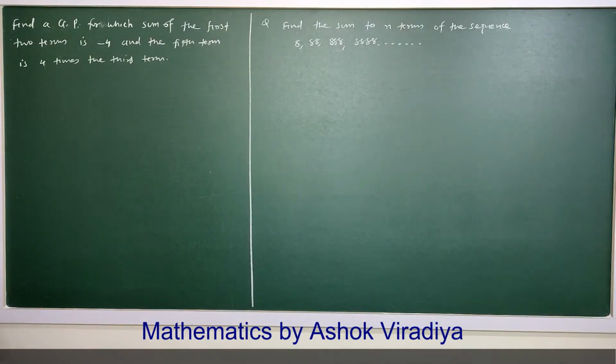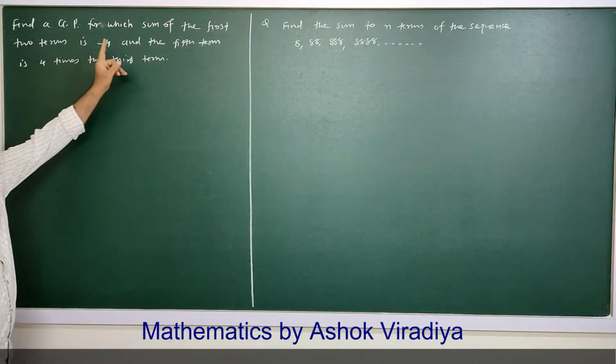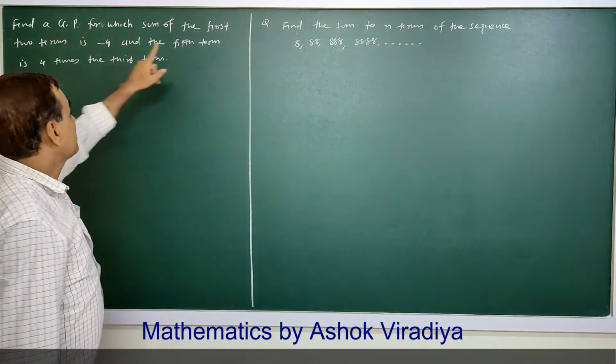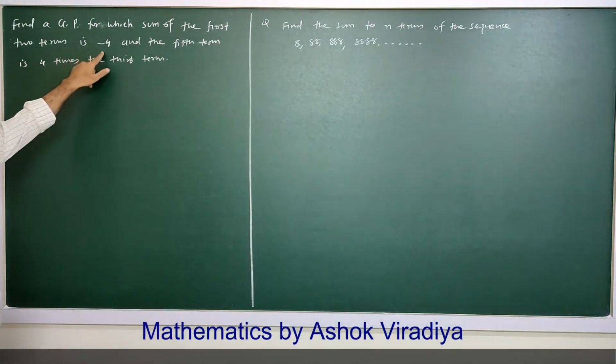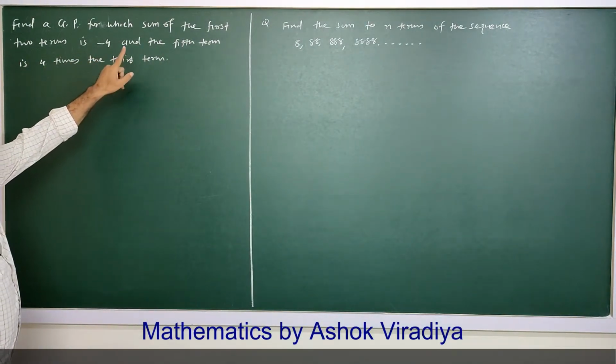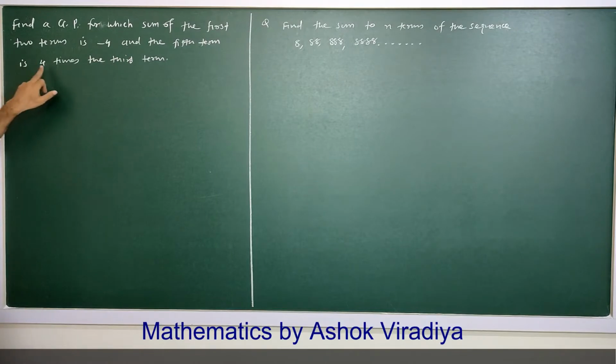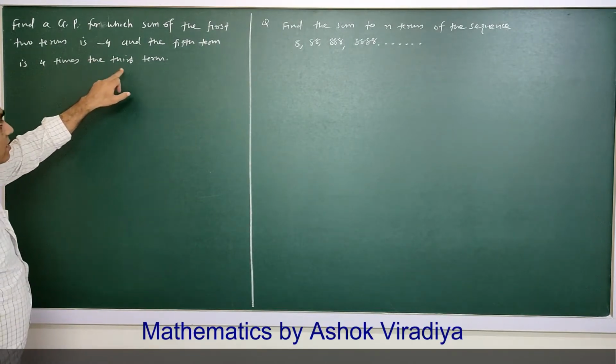Now next question. Find a GP for which the sum of the first two terms is minus 4 and the fifth term is 4 times the third term.